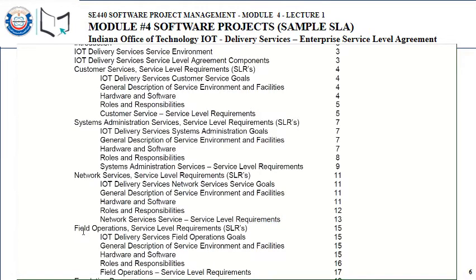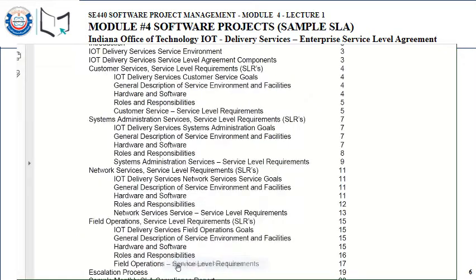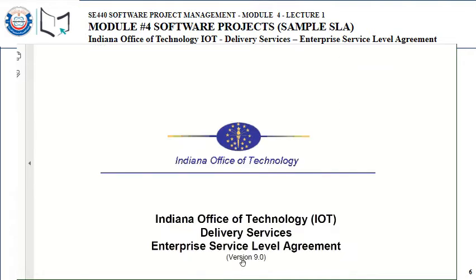With the field operations, the same thing: the field operation goals, and then the service environment and facilities, and then the hardware and software they need from the field operation perspective, and then the roles and responsibilities that involve field operations, and lastly, they wrap up the field operations service level requirements.